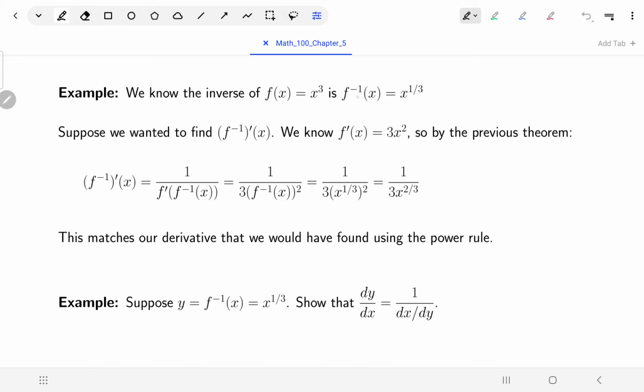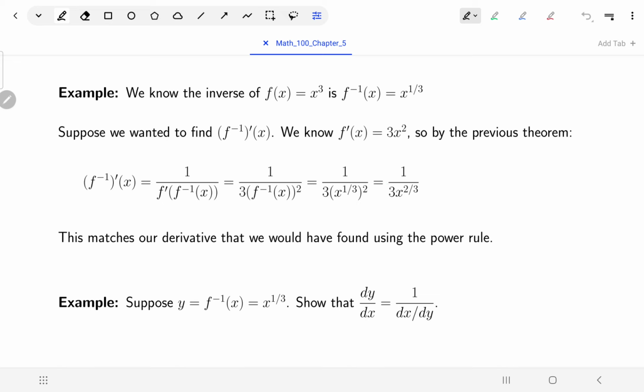And f inverse, we set up here, was the cube root function. So we'd really have 3 times the cube root squared, which gives me 3x to the 2/3 in the denominator, and that's exactly what I would have had I used power rule. So using the theorem for the derivative of an inverse, I get the same result whether or not I knew what the derivative of f inverse happened to be. So even if I didn't know how to apply power rule to this, I could still wind up finding its derivative.